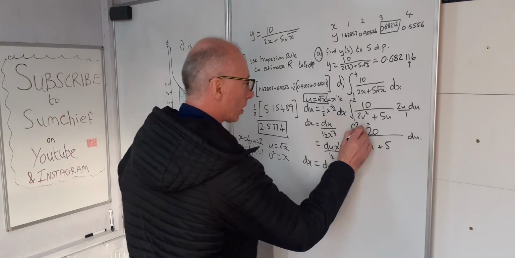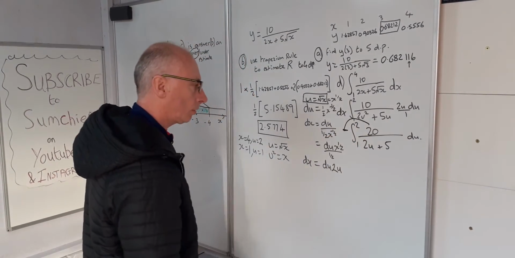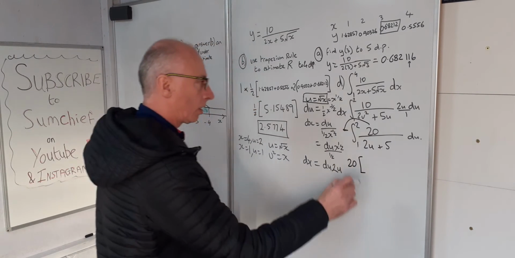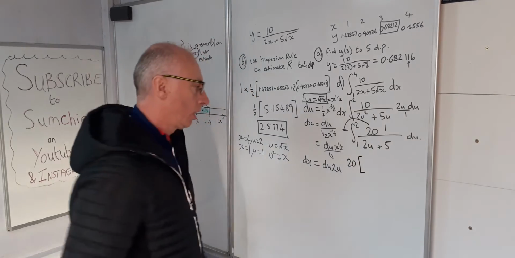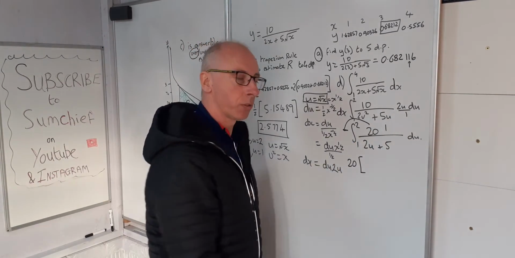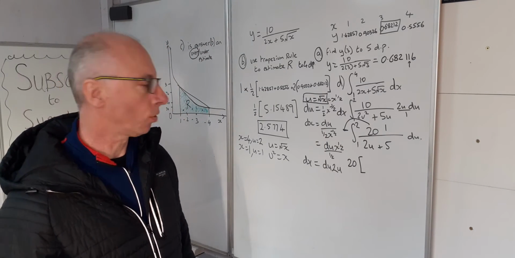So I'm just going to bring the 20 out front. So that's 20 times, and now we're just left with a 1 over 2u plus 5, so we can just go straight in for natural log.